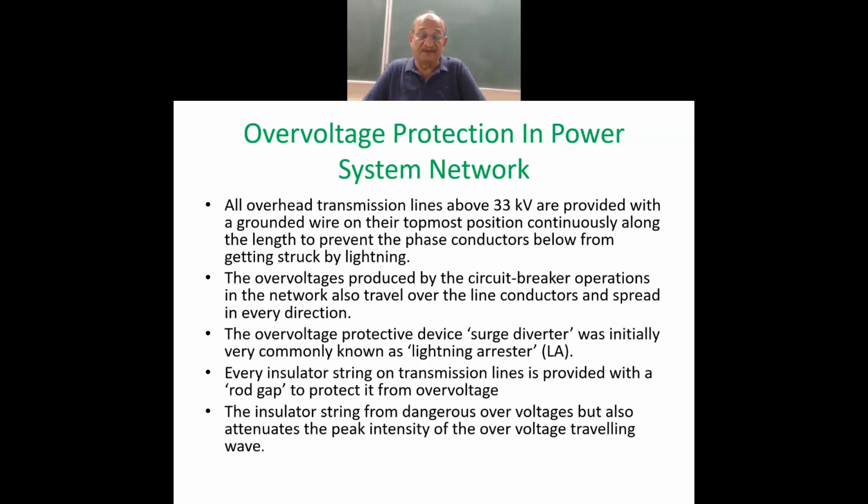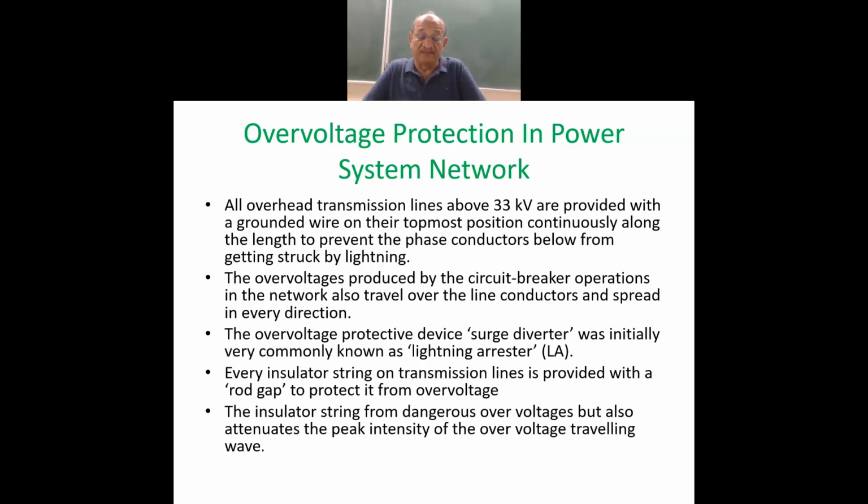Then overvoltages produced by circuit breaker operations in the network also travel over the conductors and spread in every direction. And the overvoltage produced on the phase wires or on the live wires needs to be protected.